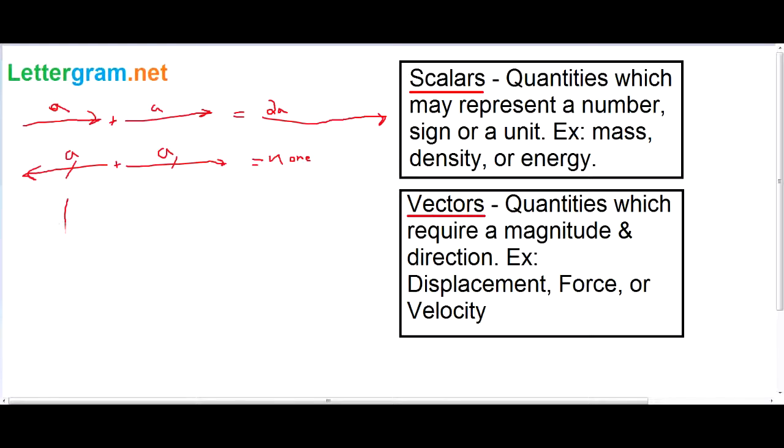If there's a vector like that plus a vector like that, and we'll call this one A and B, we'll add those together, and we'll get something that looks like this.